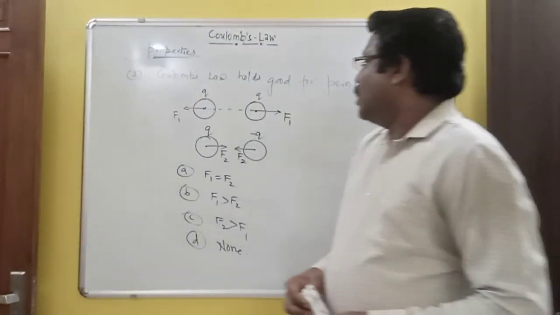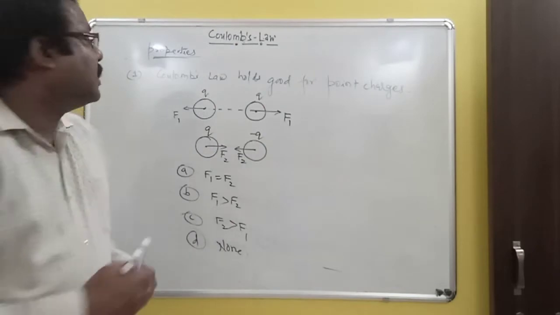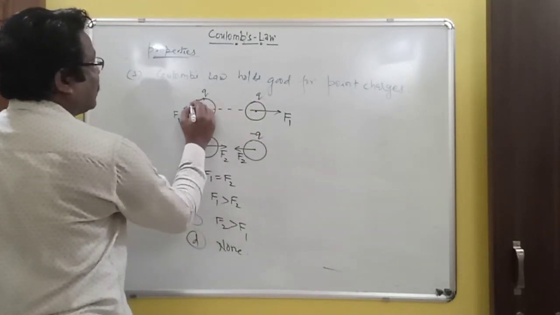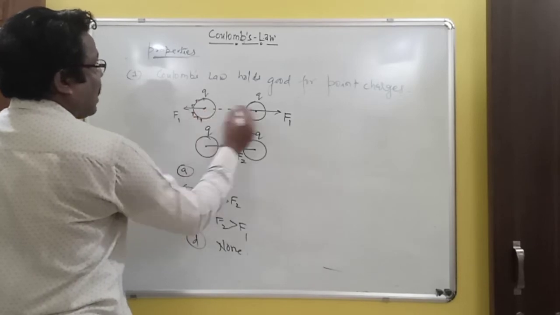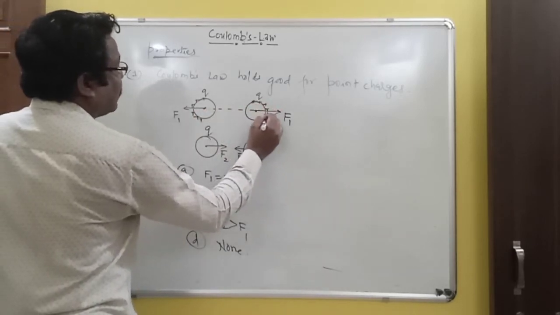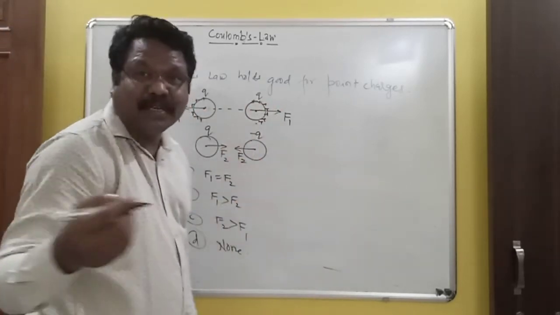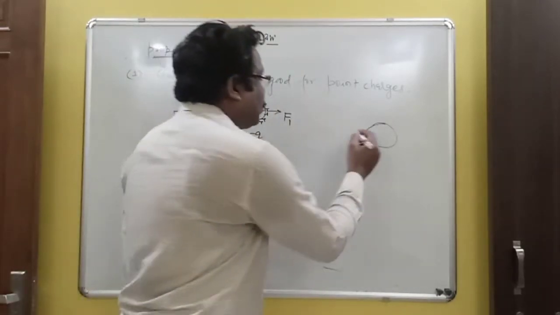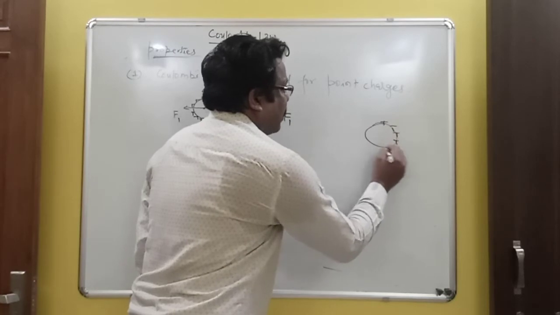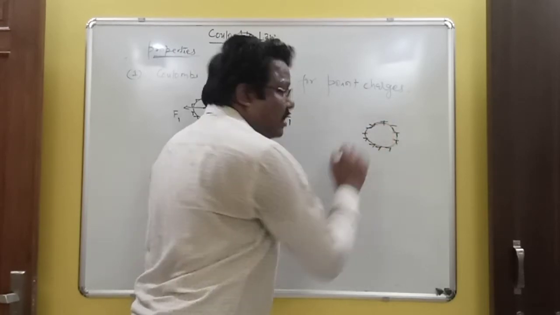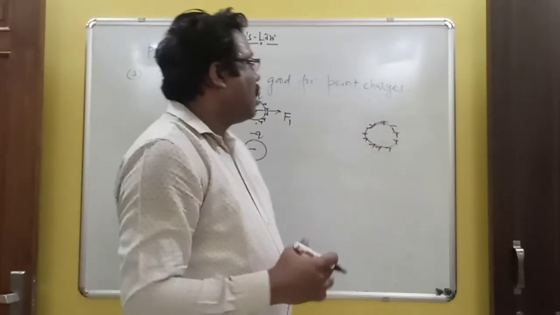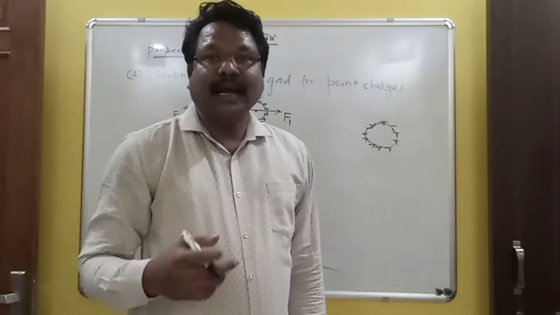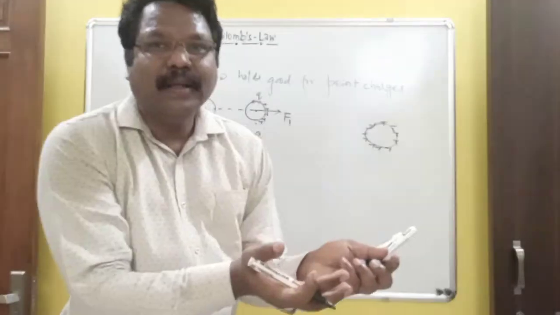Okay. So here, as these two charges are like charges, they will repel one another. Generally, when you take a single sphere and give charge to this metallic sphere, the charge resides only on the surface. That we have studied in the first lecture. The charge given to a metallic conductor resides uniformly over the surface of the conductor.